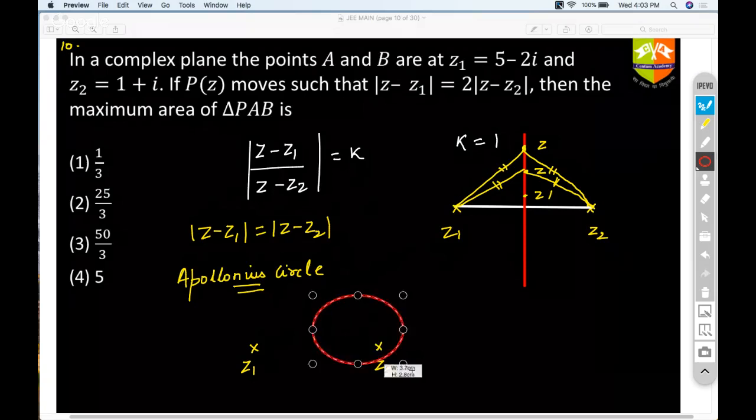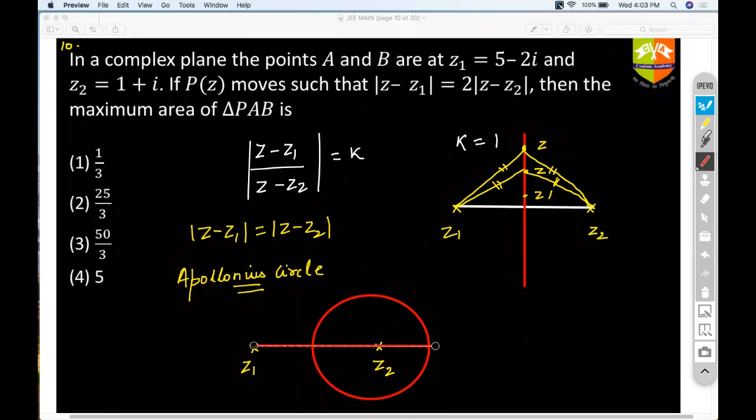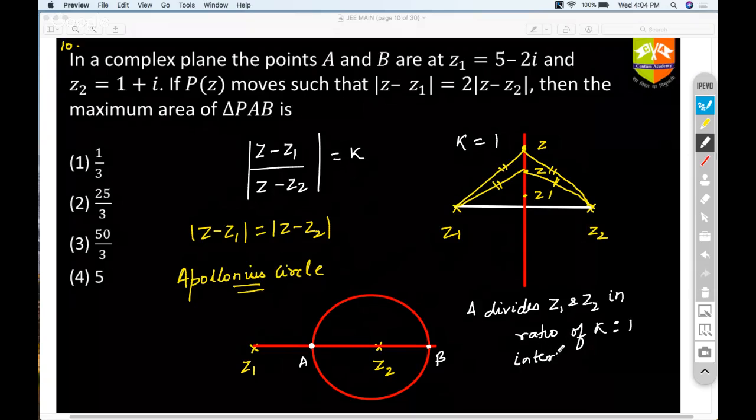So it would be a circle which would pass in such a way that the extremities of this circle, let's say point A and point B, would be such that A divides Z1 and Z2 in the ratio of k is to 1, the same k, internally.